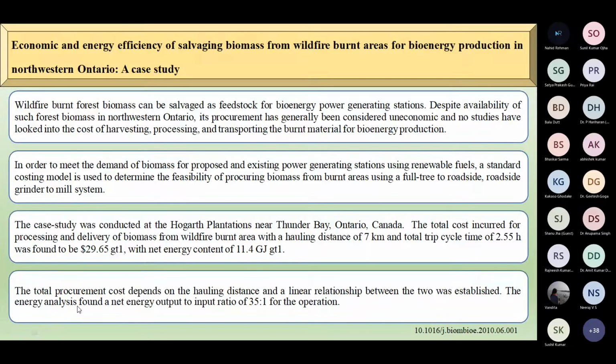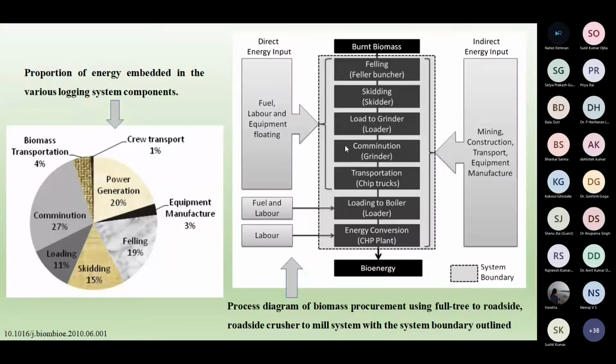It has a net energy output to input ratio of 35:1 for the operation. This one is the proportion of the energy which was embedded in the various logging system components. This was calculated.